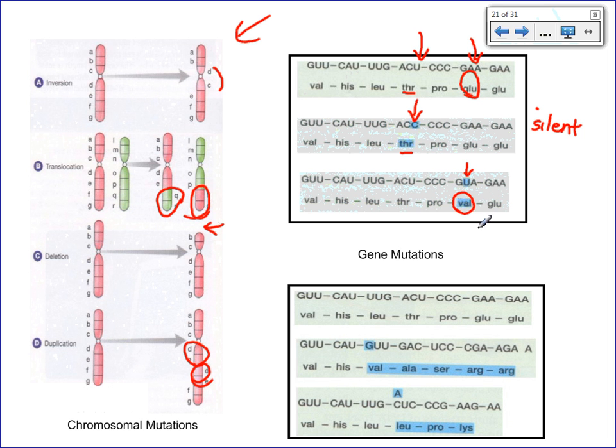Depending on where that sits in the protein, it may alter its function a little bit, it may not alter it much, or it may make it so it's not effective at all. So that one is a regular substitution, not a silent one.